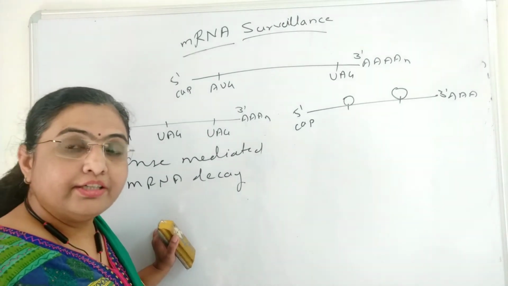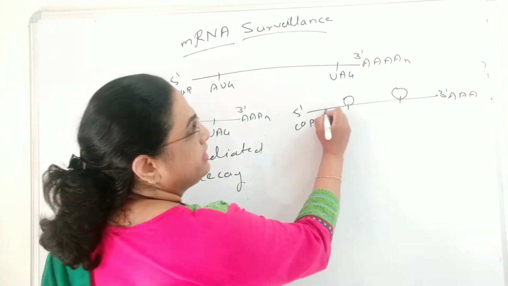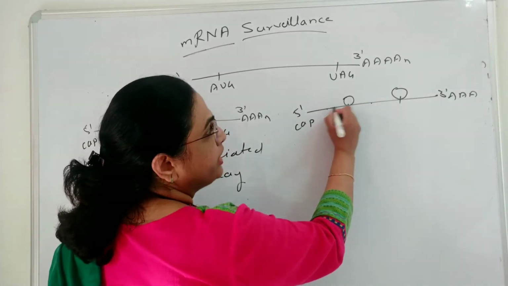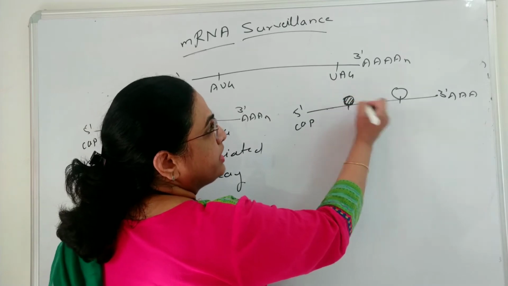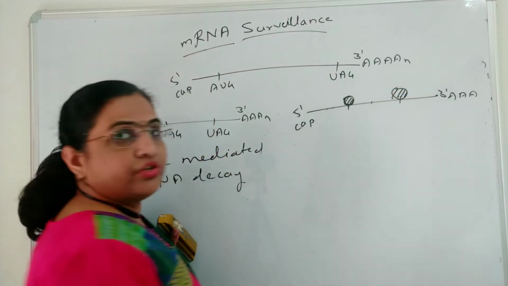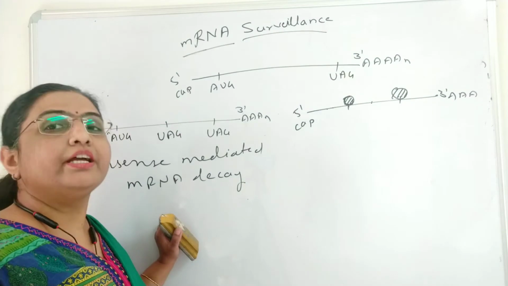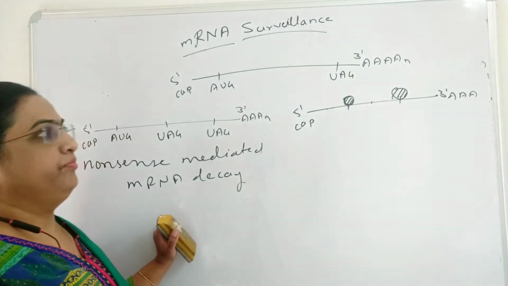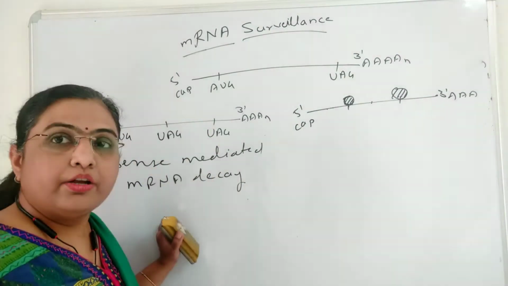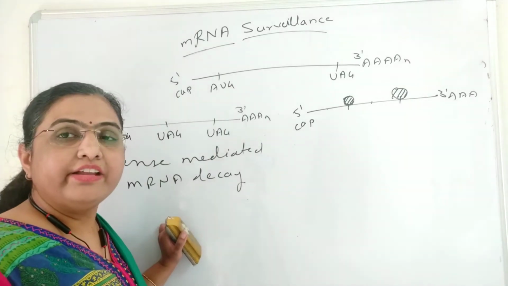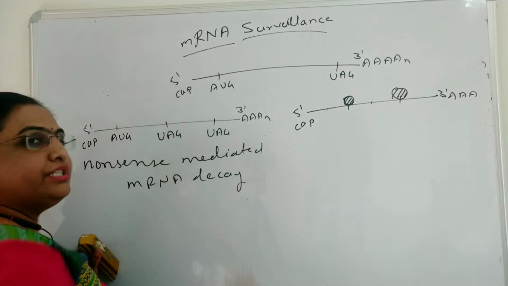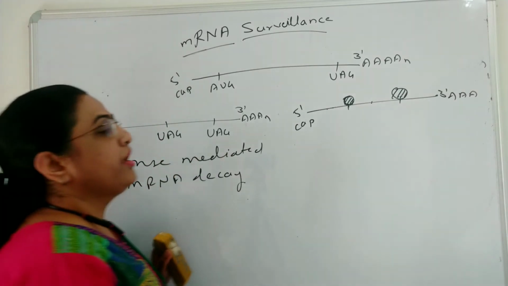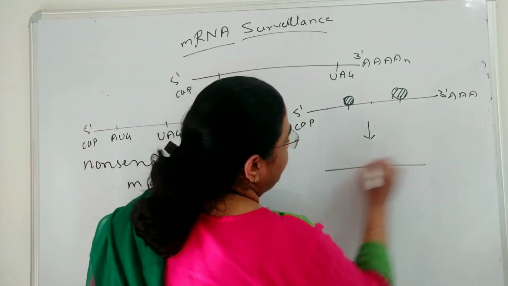Here are two exons joined together, and this is an exon junction complex, loaded on the exon junction. The role of the exon junction is identified in the presence of this extra AUG.